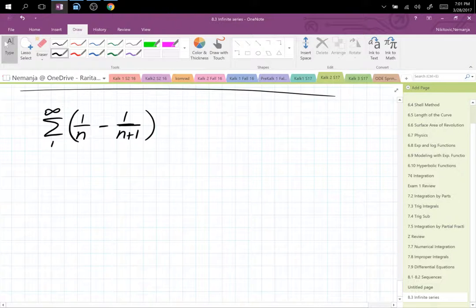So you write this a few times, and then you say, I'm getting bored. So let me just go all the way to infinity by cheating and saying that my last term is going to be 1 over k minus 1 over k plus 1, and I'm going to send that k to infinity instead.